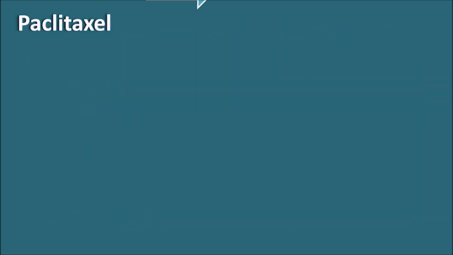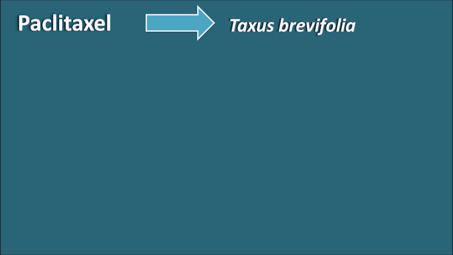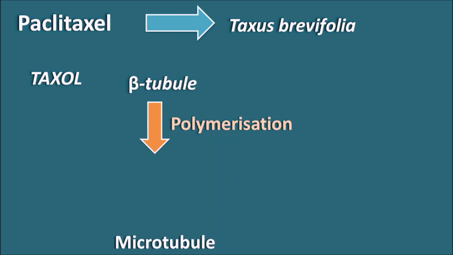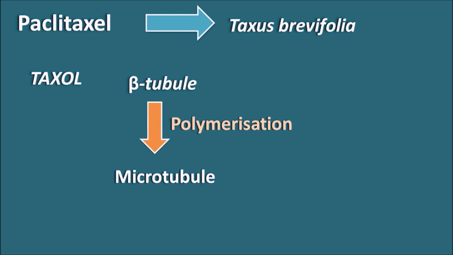Next one is paclitaxel. Paclitaxel comes from Taxus brevifolia and is well known under the trade name Taxol. How does Taxol act? Taxol again acts on mitotic cell division, but unlike the vinca alkaloids, it acts on the microtubules. The beta tubulin can be polymerized so that it can be converted to microtubules, and the microtubules then can be detached to produce the mitotic division.